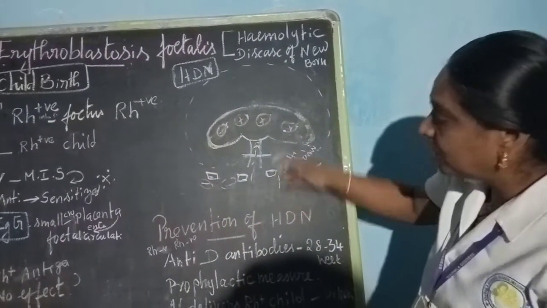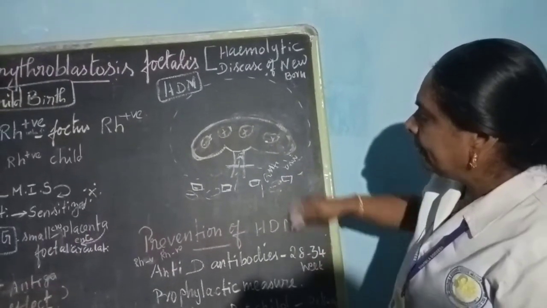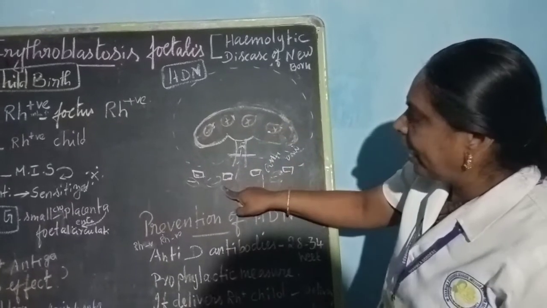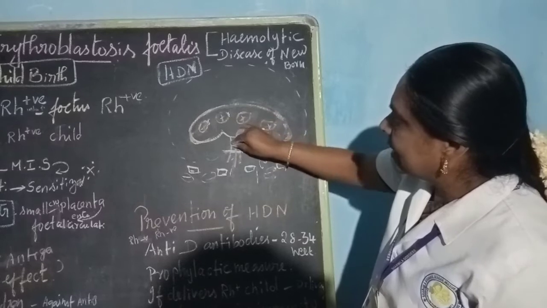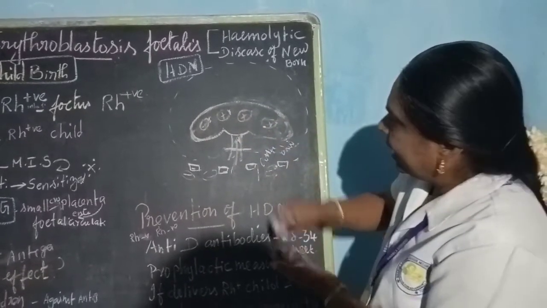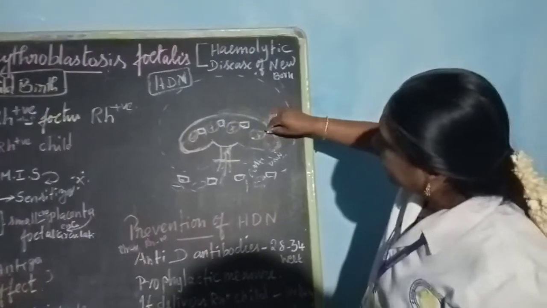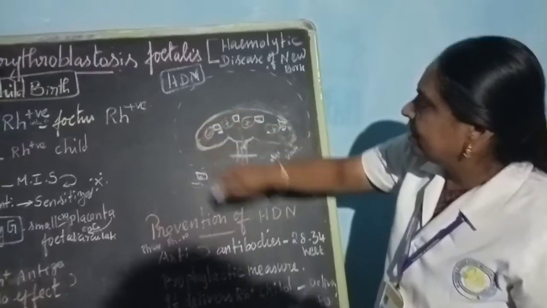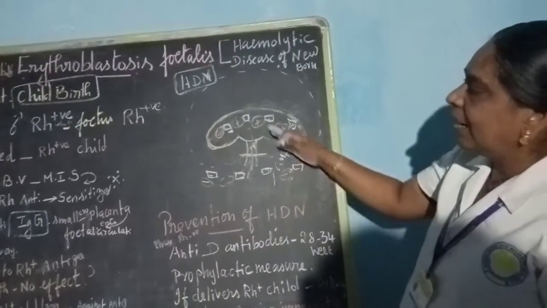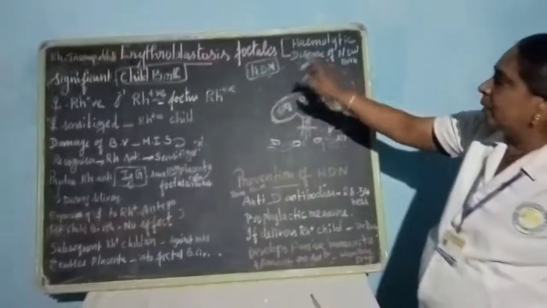But during the subsequent pregnancy, the antibody produced by the mother crosses the placenta and affects the erythrocytes. The antibodies enter the fetus and damage the erythrocytes. That is called erythroblastosis fetalis.